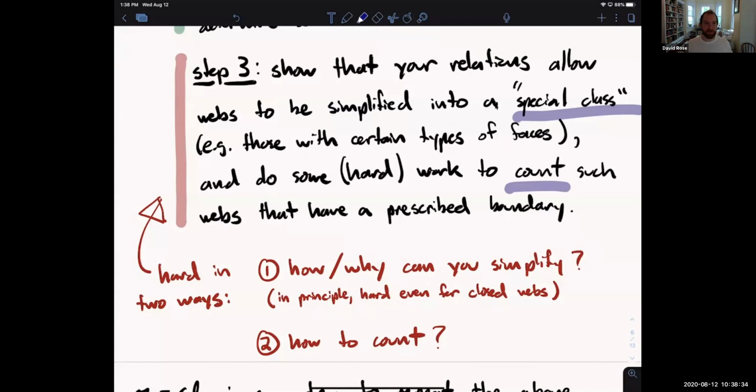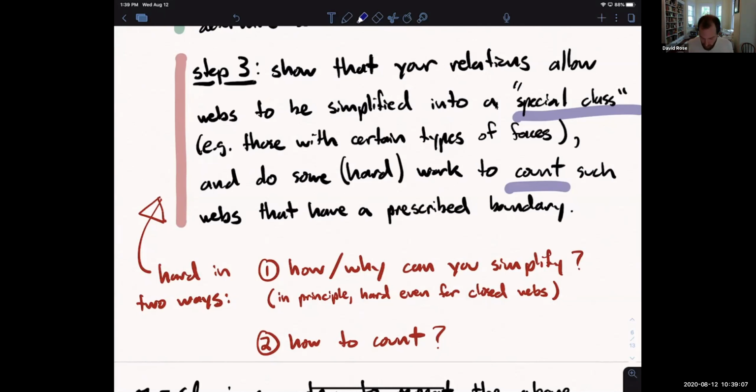It's hard in some graph theoretic combinatorial way: what does it mean to simplify? How can you simplify? Why can you always simplify? Why can you always end up in a good place once you've simplified? And it's hard another way: once you've proved all that, you need to count all the simplest, the unsimplifiable things, and show that you have the right number of them. So step 3 is really where things get dicey.